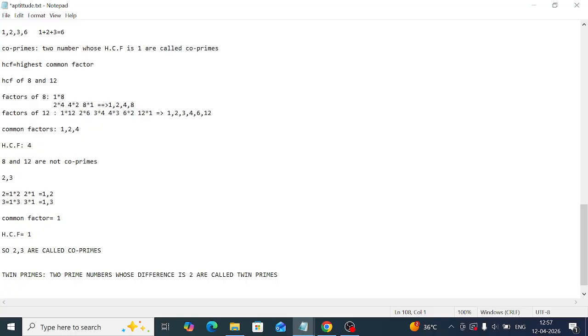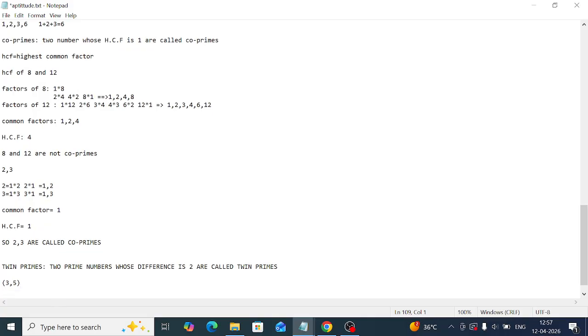For example, 3 comma 5. 3 and 5 both are prime numbers, that's why two prime numbers whose difference is 2. 5 minus 3, 2 is the difference. These are called twin primes.